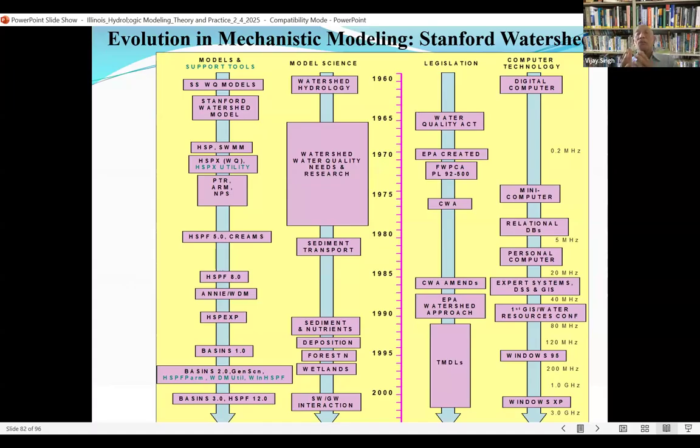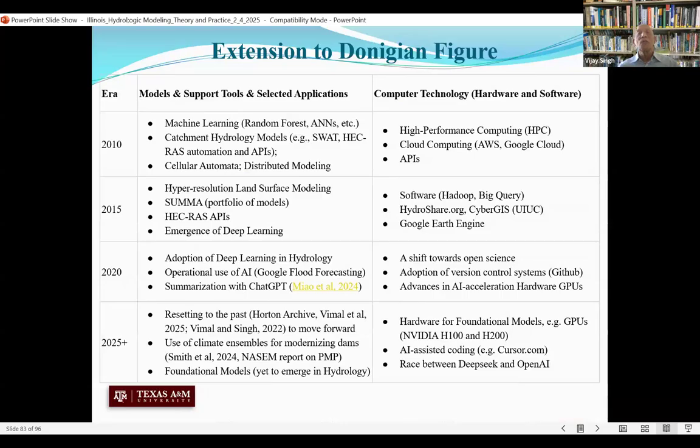And this was triggered also partly by the third column, which is legislative mandate, because legislations were passed at the central level as well as the state level. The fourth column, which is now perhaps one of the most important columns, is the computing technology. So it started becoming popular. Now, of course, we have all kinds of computing technology. This is the timeline of models, their components, like a kind of chronology of recent years.